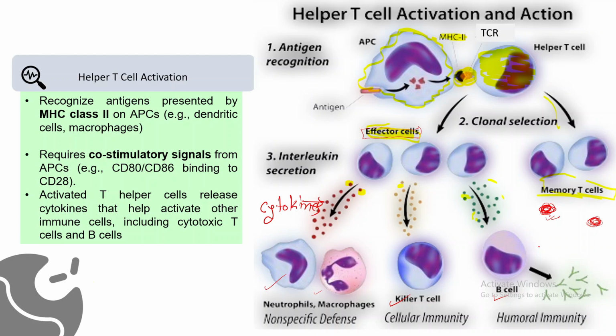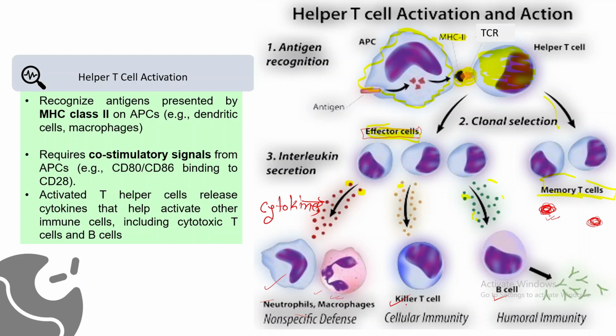So here we see how this helper T cell gets activated and then goes through these further processes. So basically how this helps in the killing of the virus or bacteria or the protein or foreign antigens. So these neutrophils or macrophages get activated by cytokines. Then these neutrophils and macrophages go through phagocytosis and engulf the bacteria or the antigen.